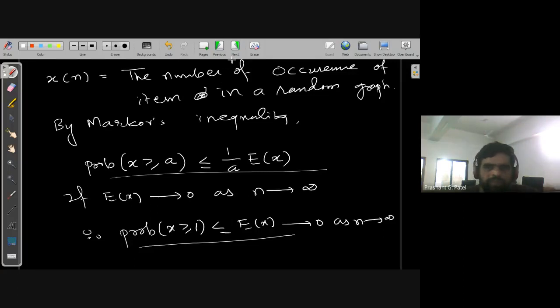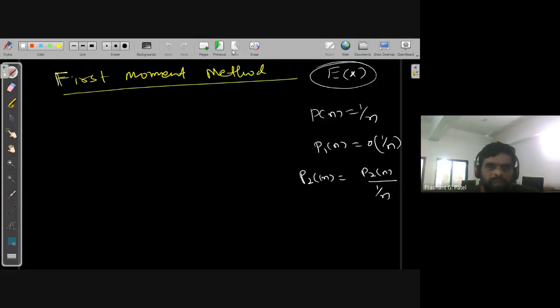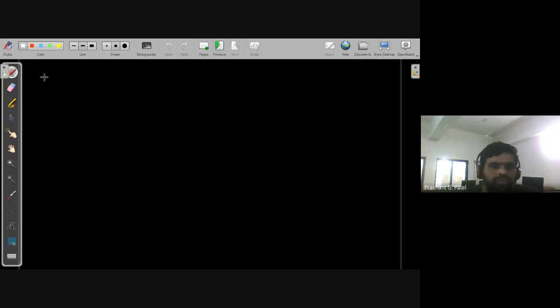Now let us see the second moment method, which can be concluded from the Chebyshev inequality. This is the theorem, known as the second moment method.